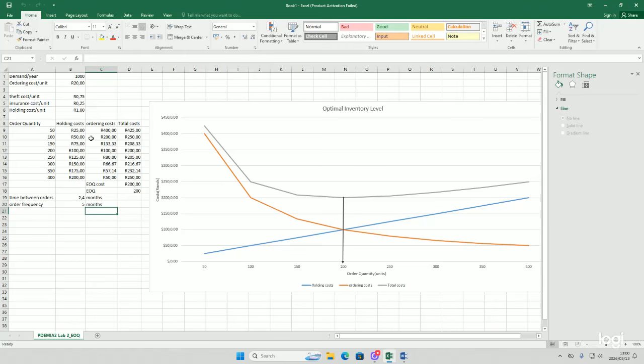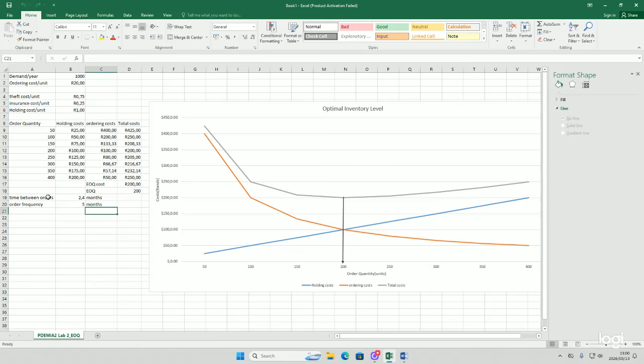If we happen to have a high order frequency, which means more orders per year, then it will result in a shorter time between orders. If we have high order frequency, this will result in us having a shorter time between orders.